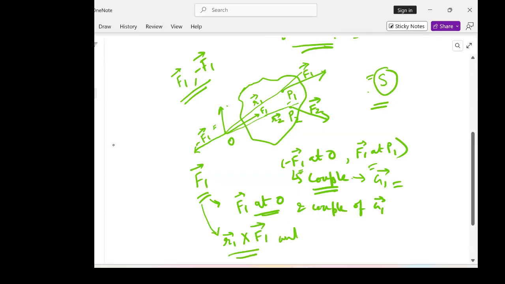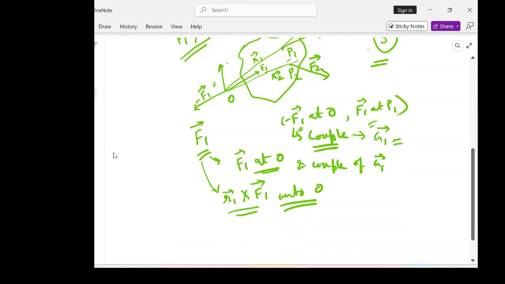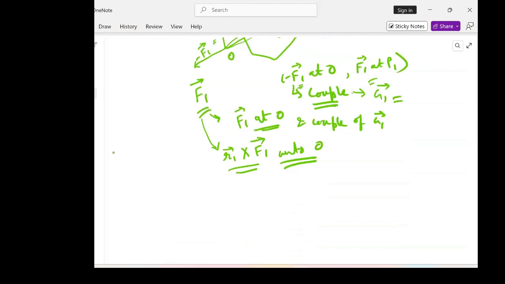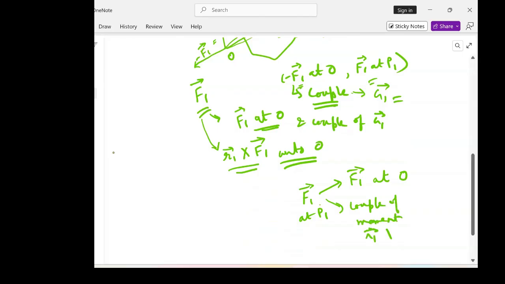So from this force F1 we are having two things: a force F1, initially acting at P1, and now, after inserting F1 and minus F1 at O, a force F1 acting at O and a couple of moment R1 cross F1. Let me call it in short G1.